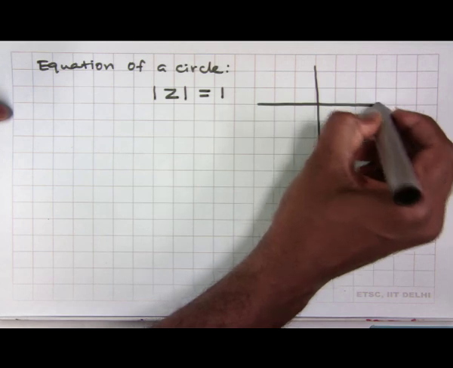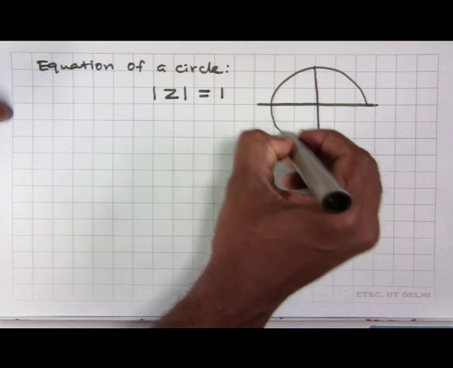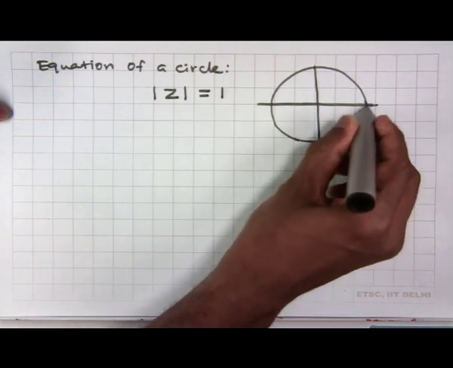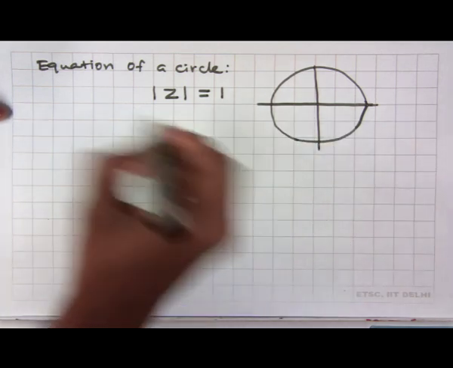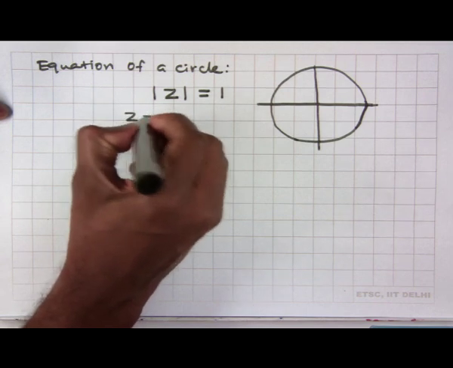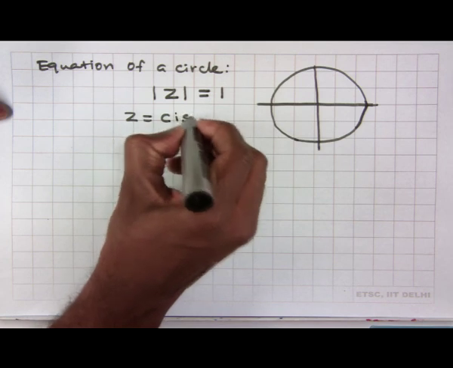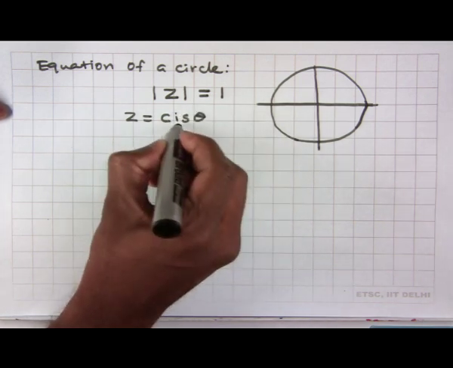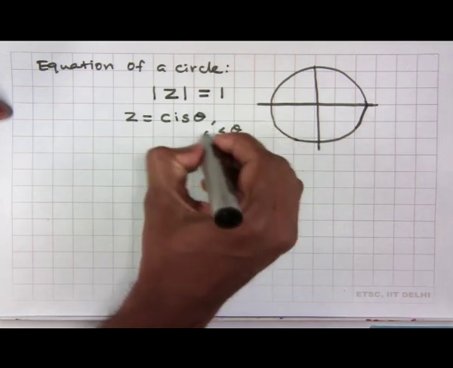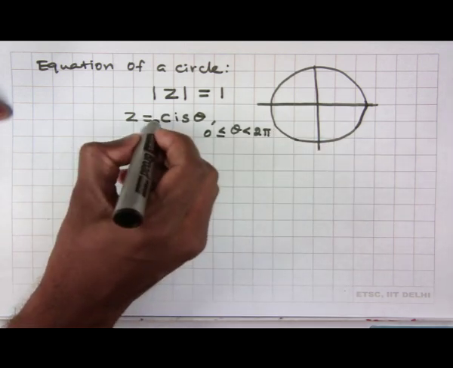So the radius is fixed, which is 1, and tracing the points we get center as 0 and radius 1. And if we write it as a parametric equation, we get z equal to cis theta, that is cos theta plus i sin theta, with theta varying from 0 to 2 pi and modulus of z is 1.